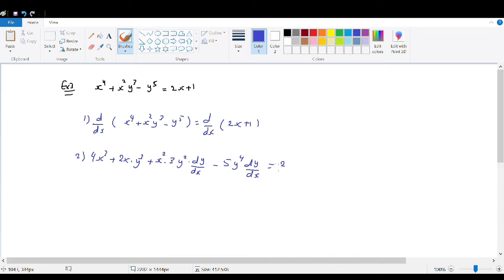So now we need to collect the terms that contain dy over dx on one side, so this one and this one. We'll move these two to the other side.